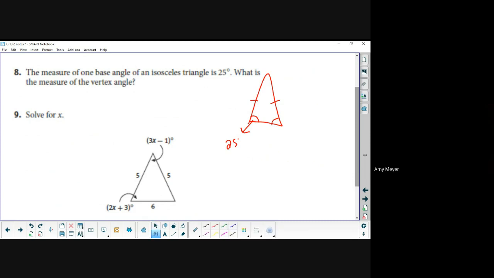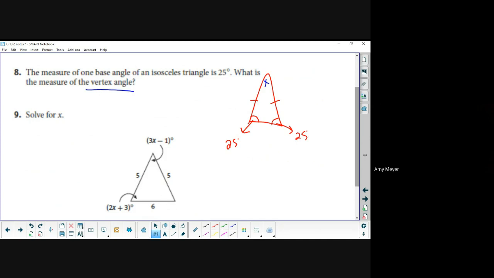You could put X where you want your variable to be. The vertex angle is what we want. That's got to be that angle up there. And according to my picture, if the base angles are the same, this one's also got to be 25.